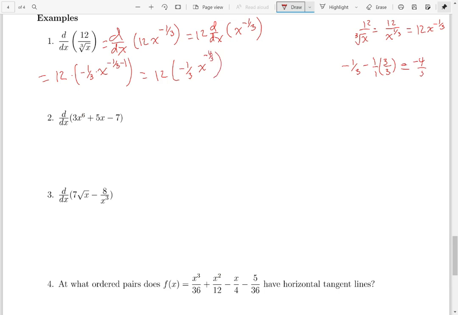But let's say you wanted to clean it up and put it in that radical notation again, using the cube root instead. How can we do that? Well, a handful of things. First off, 12 times negative 1/3, that reduces, right? That's 12/3, or negative 4. And then we've got x to the negative 4/3, but because it's negative, I can put it in the denominator. Then it's x to the positive 4/3 power.